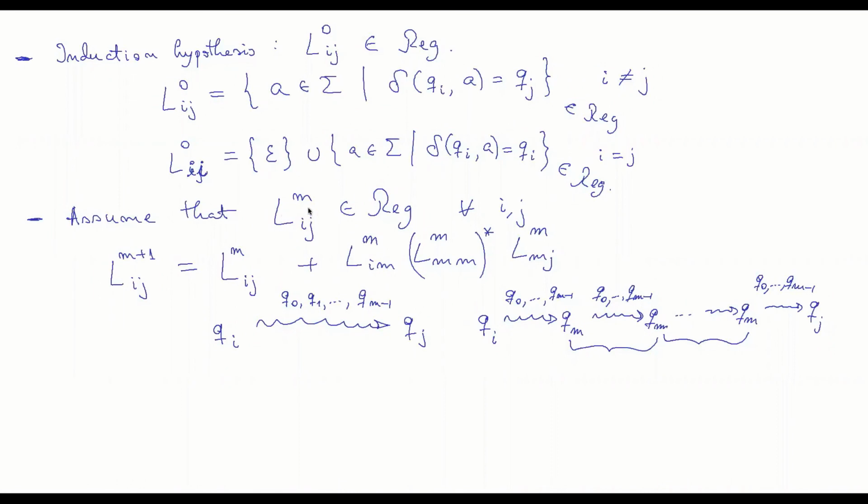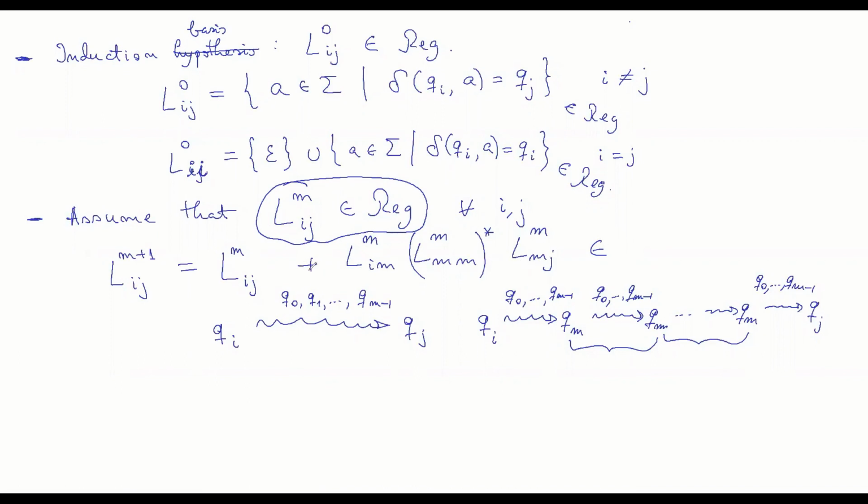And so as you can see now, I'm using the assumption. Sorry, so this was the induction base here. And so I'm using now the induction hypothesis, which is this one, to conclude that every single component in this expression I deduced in here is a regular language.